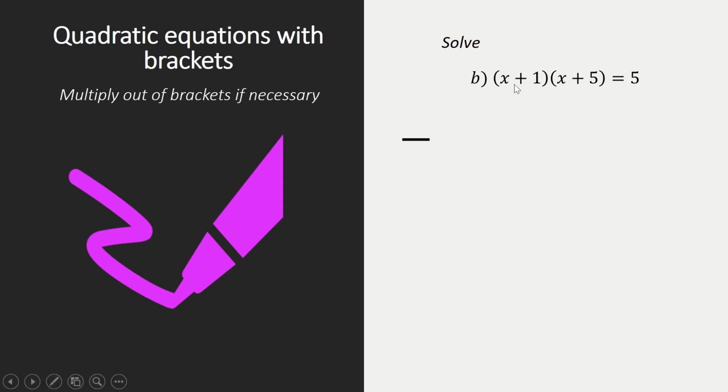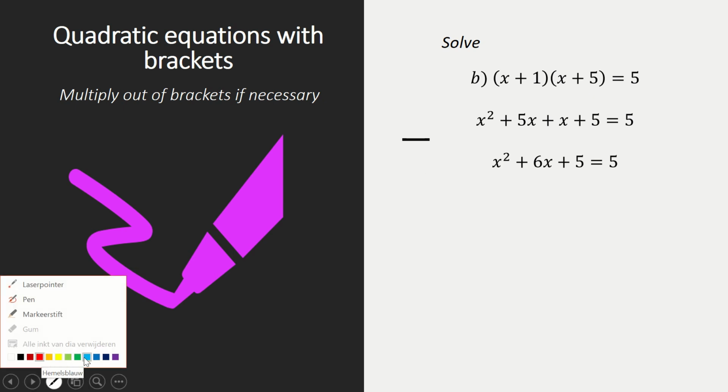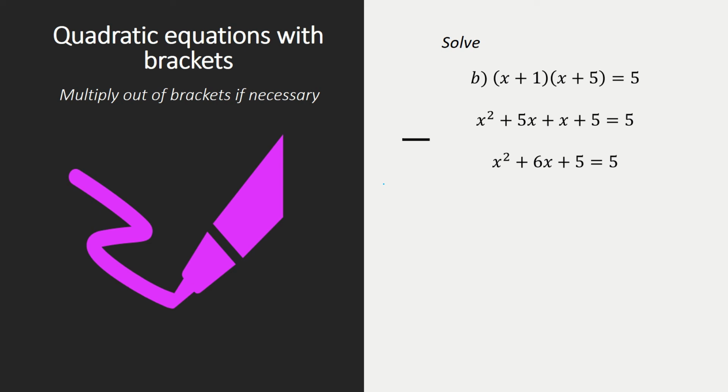So first of all, I'm going to multiply this out of brackets. So I will get x squared plus 5x plus x plus 5 equals 5, because I did x times x, x times 5, 1 times x, and 1 times 5. I'm going to simplify, so I'm going to add the like terms, the terms where the things were the same.